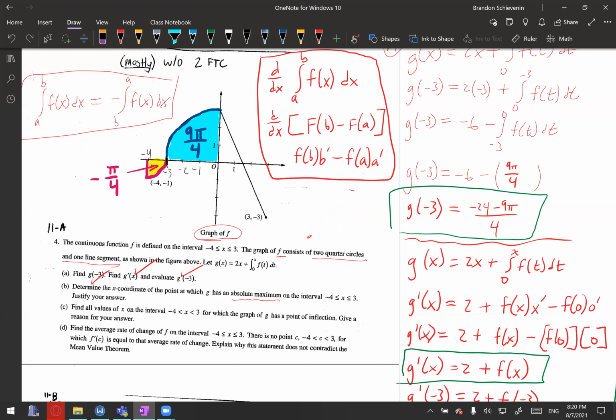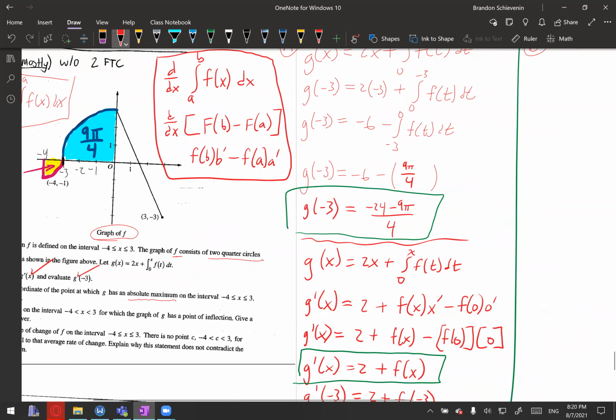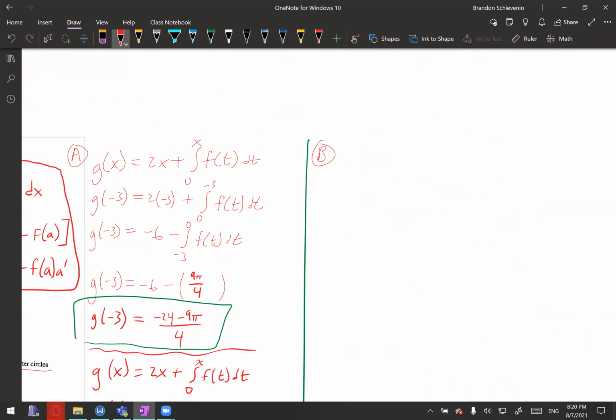Okay, so that's what we're going to do here. The first thing I'm going to do is figure out if there's any points where g prime is equal to 0. Here's our formula for g first. G of x was given as 2x plus the integral from 0 to x of f of t dt.